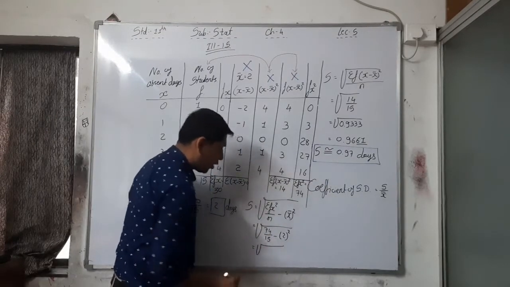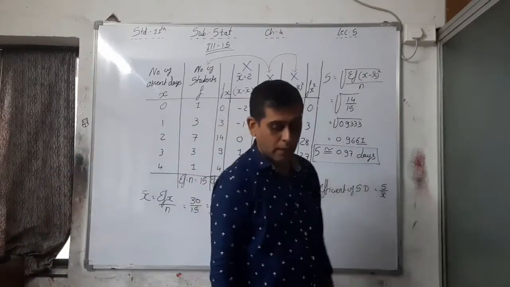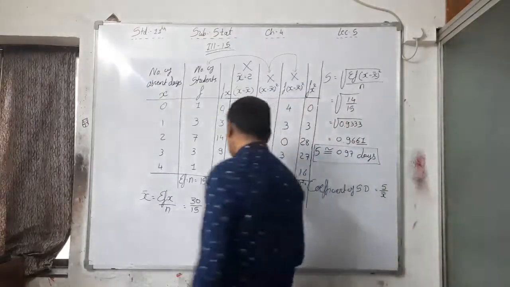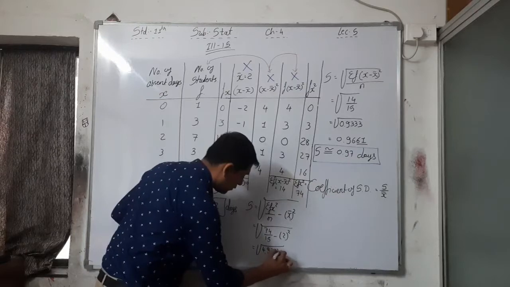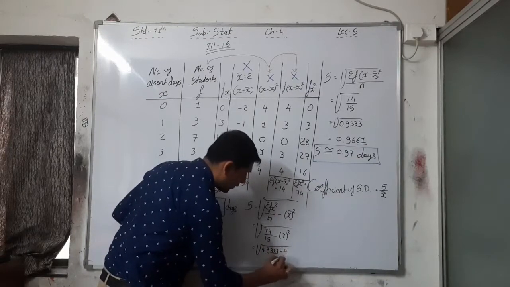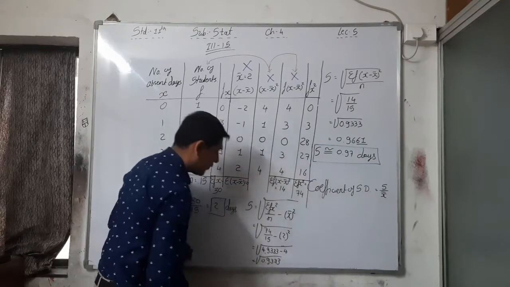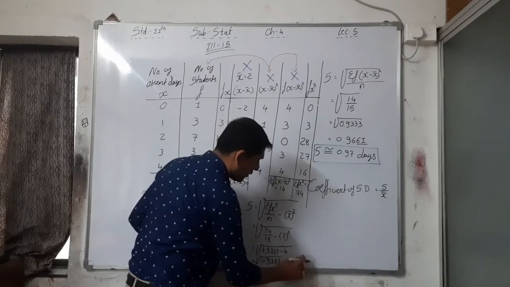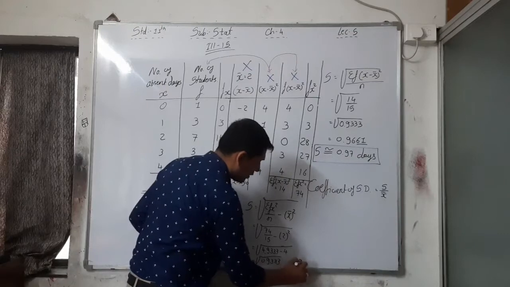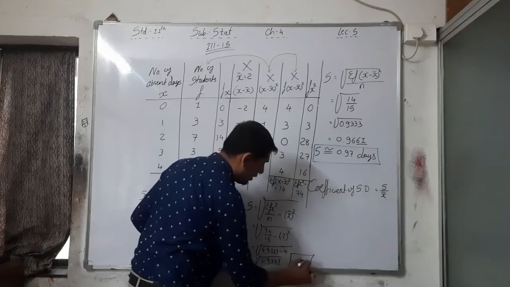What is 74 divided by 15? 4.93333 minus 2 square, which is 4, so the answer is 0.9333. That is under the square root, and if we find the square root, the answer is 0.9661, and ultimately it is 0.97 days.